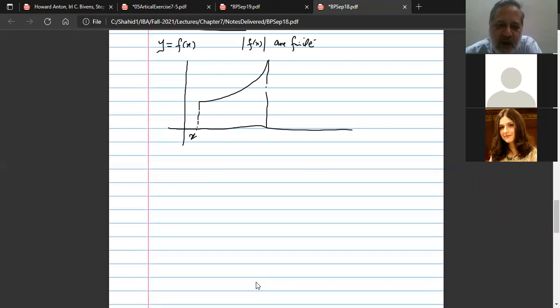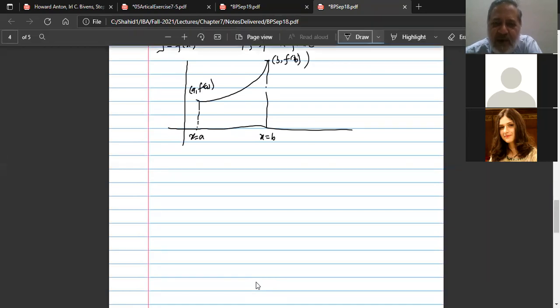This is x is equal to a. This point has coordinates a, f(a). मैंने ग्राफ फंक्शन का कंटिन्यूअस किया हुआ है, लेकिन कोई जरूरी नहीं है कि कंटिन्यूअस हो. This is x is equal to b. So b, f(b). Now this is the height of the graph here. This is the height of the graph here.